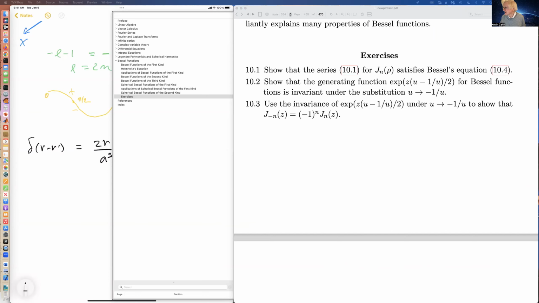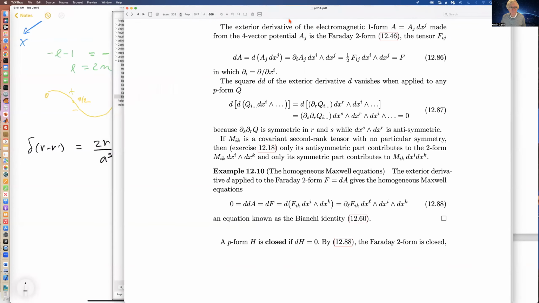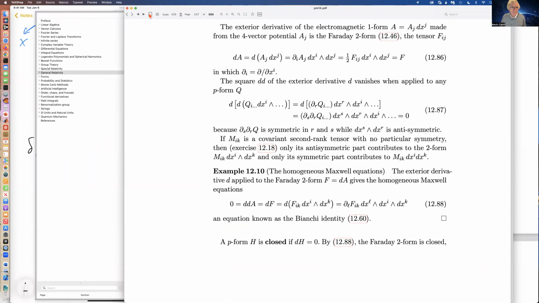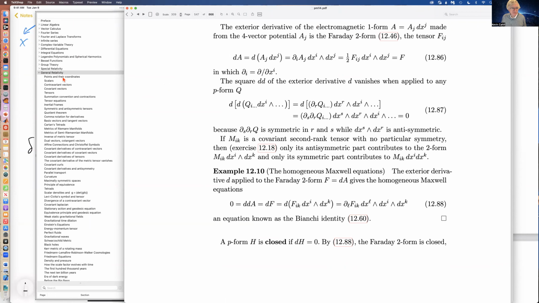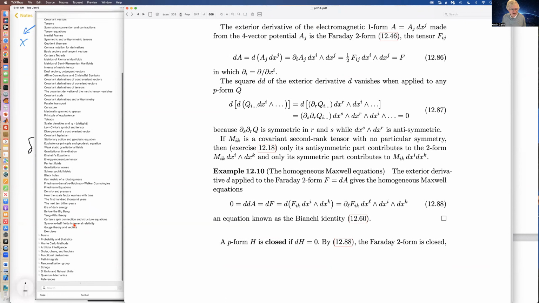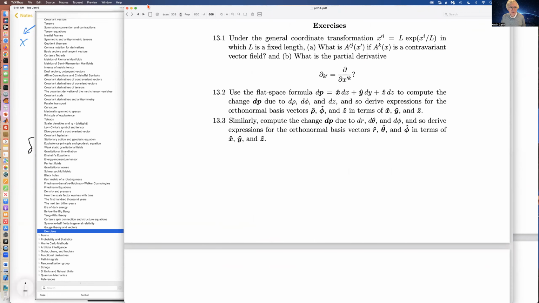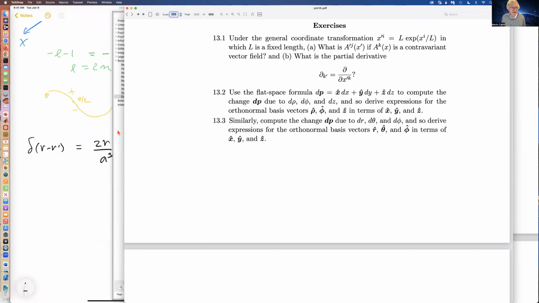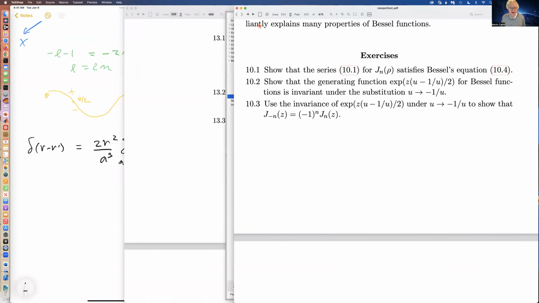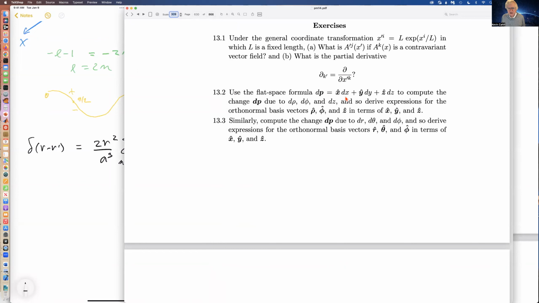And so let me jump over here to the general relativity chapter, and in particular, the exercises there. In fact, let me also get rid of that so it doesn't blot anything out. So I think what I assigned as homework problems, again, not due till the 21st, I think, is the first one and the third one.